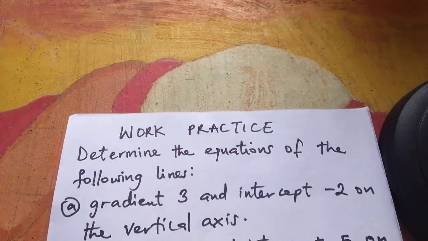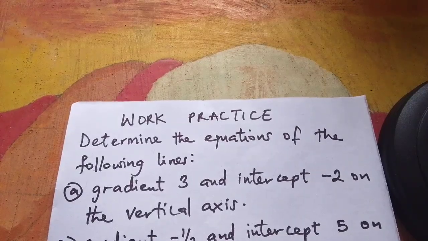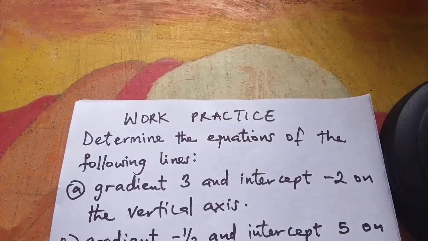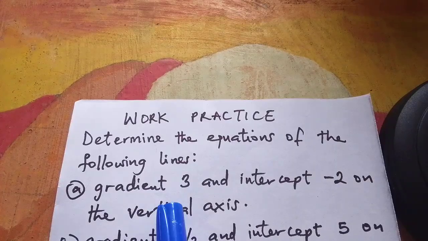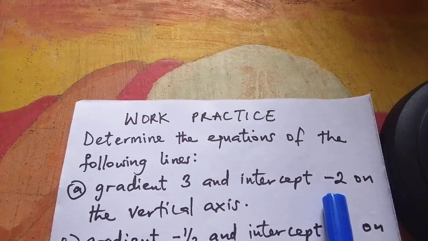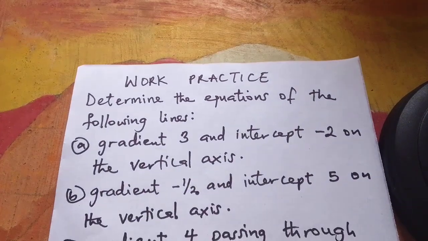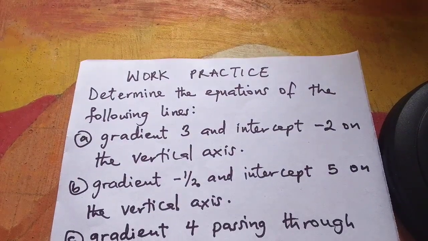So for the practice work, determine the equations of the following lines. A. When the gradient is 3 and the intercept is minus 2 on the vertical axis. B. Gradient is minus half and intercept 5 on the vertical axis.